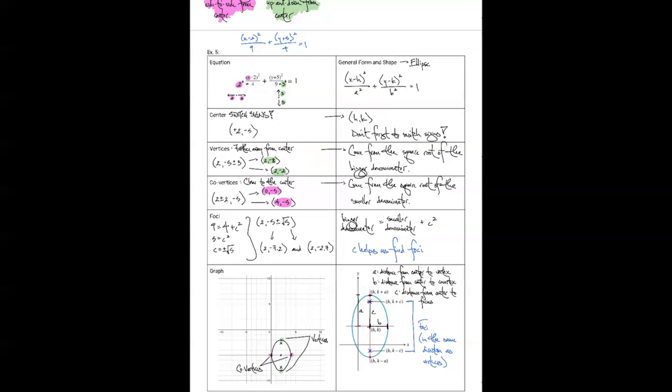No. Because if I have an ellipse that's this way, my vertices are going to be in the x direction. So I would have to add those to the x direction. The co-vertices would be like here and here. So I would add those to the y coordinate.